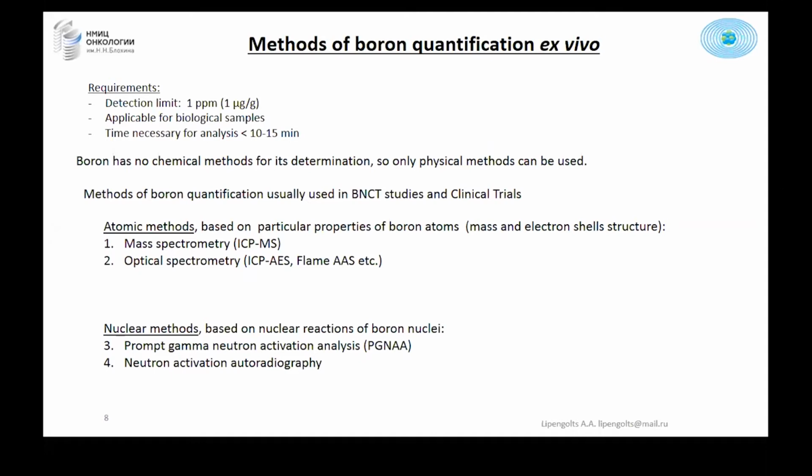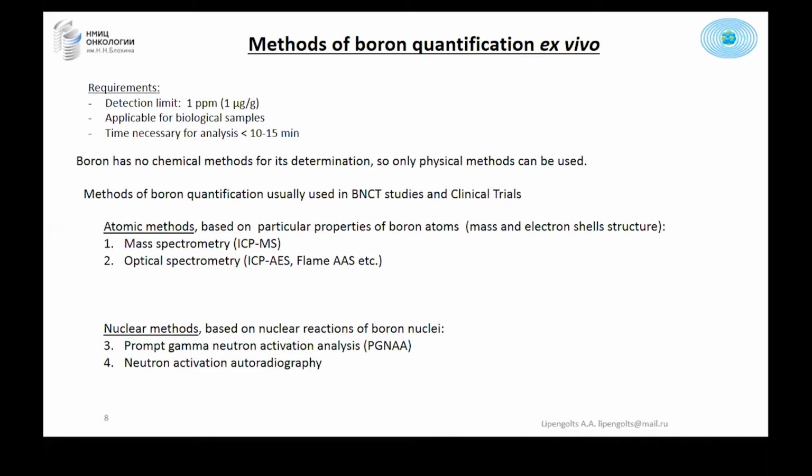And the method should be quite fast, about 10-15 minutes, because the evaluation of boron concentration should be made in the process of the therapy. And on that concentration, physicists and medical staff should make the decision on the time of radiation and on the necessity of the BNCT procedure at all.